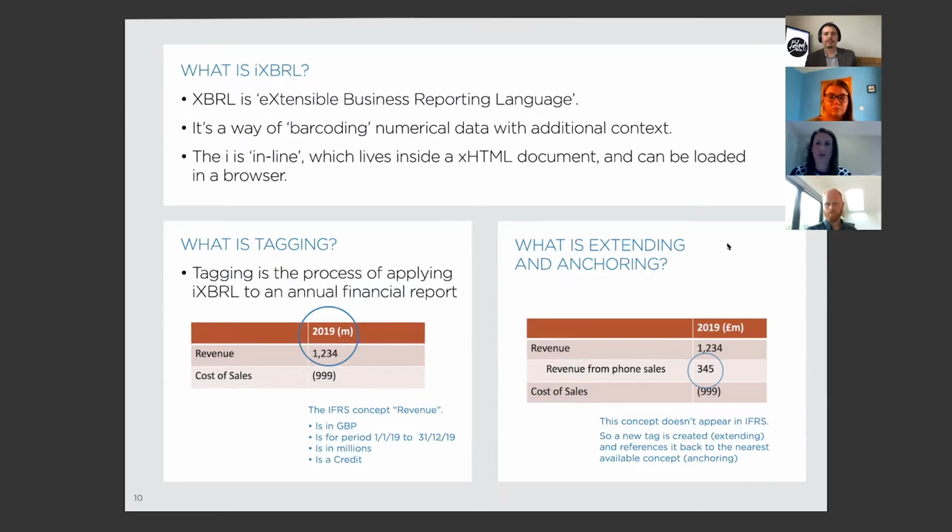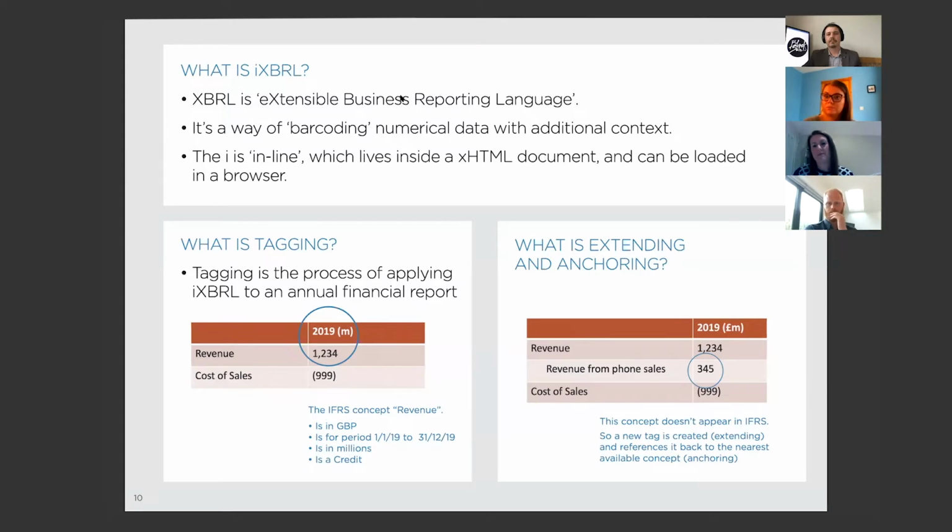We will use the software to tag that and say this is in GBP or euros or whatever your base currency is. It's for the period from the 1st of January 19 to the 31st of December 19, or whatever that period is. It's in millions, billions, thousands, and it's a debit or it's a credit.